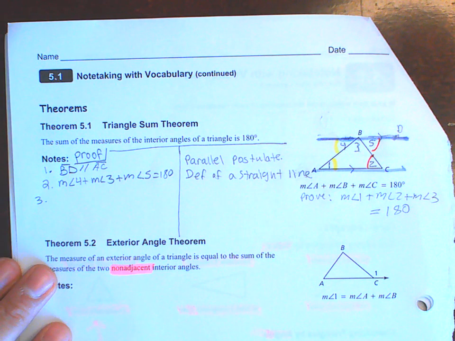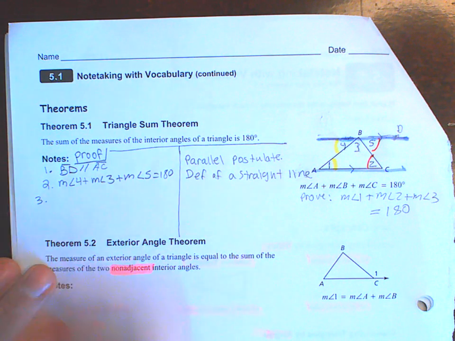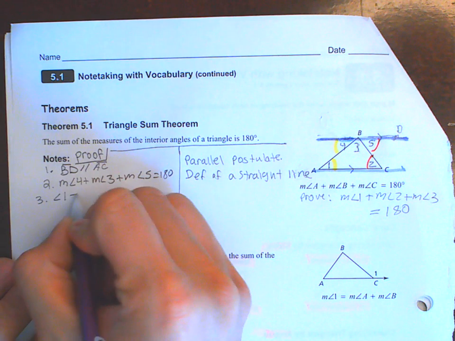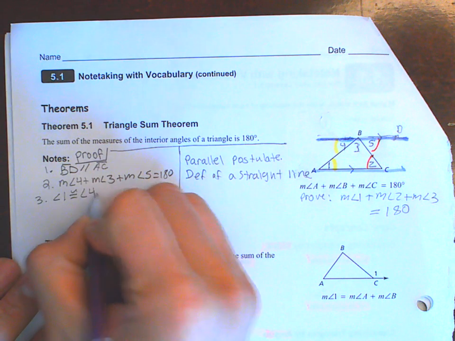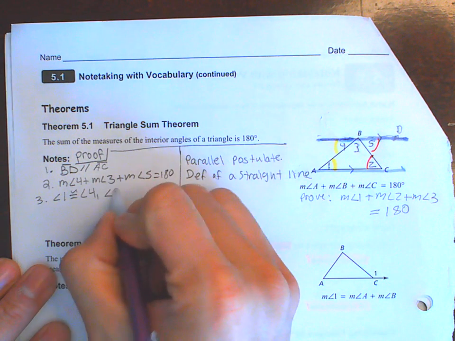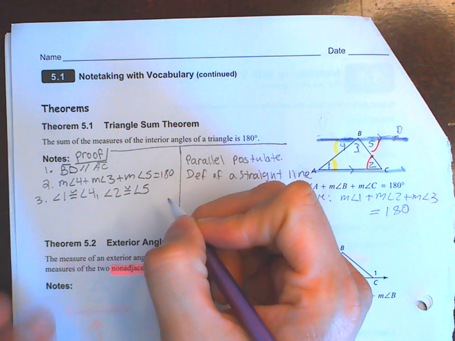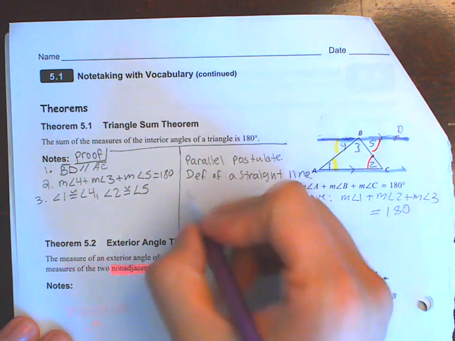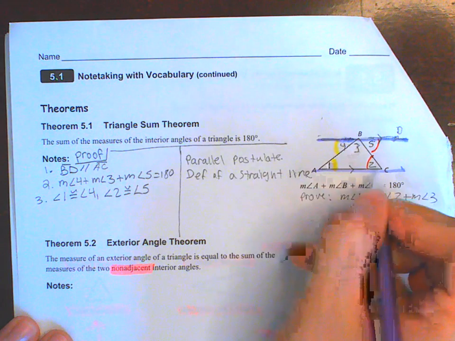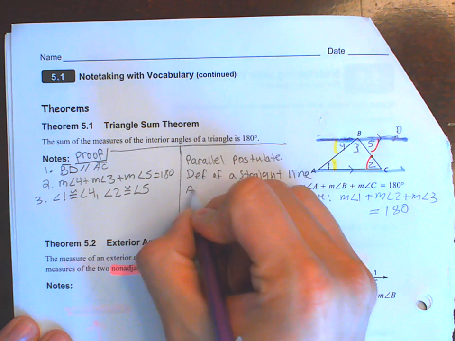Now for number 3, we're going to have to state that there is a relationship between angle 1 and angle 4 and angle 2 and angle 5. Now this is from chapter 3. These angles right here are alternate interior angles.